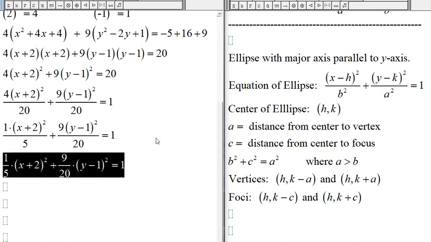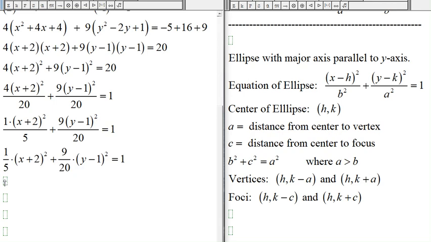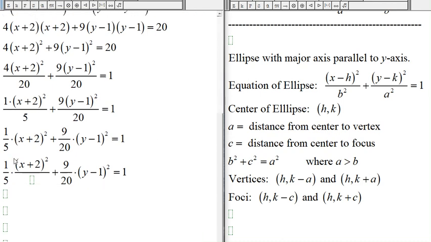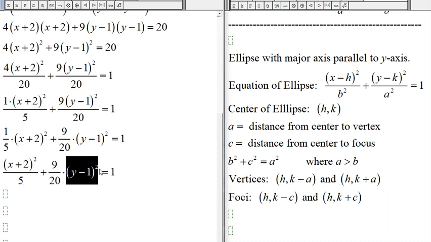And then to get it into this form, we need to do this. Actually, the first part here I didn't have to do anything, but the part that I wanted to show was this part.